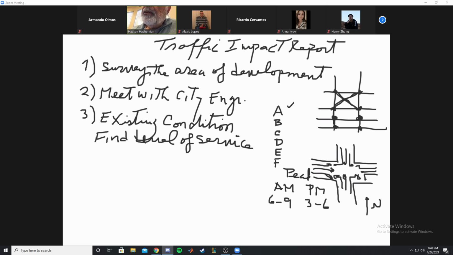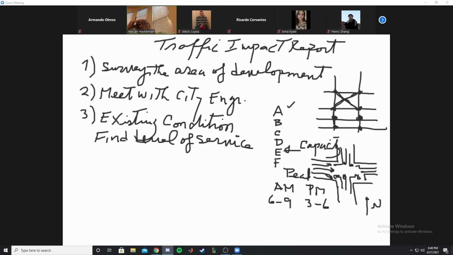That means it's not that crowded at all. Few cars go through that intersection. B is a little bit more congested. C is more congested. D is congested. And then E is the maximum that can go through the intersection. We call this capacity. And F is the failing.